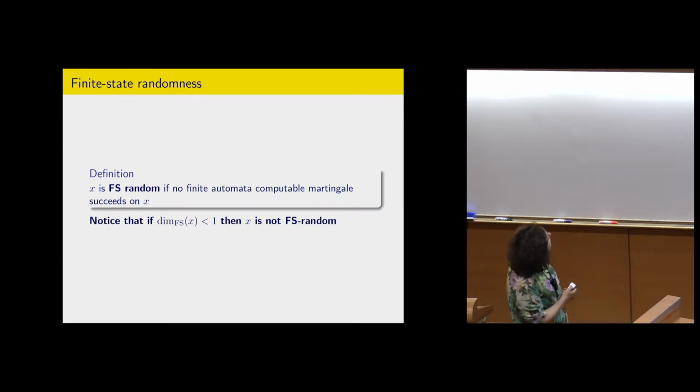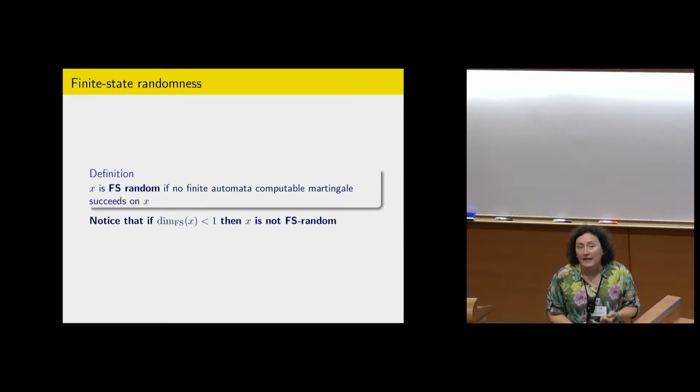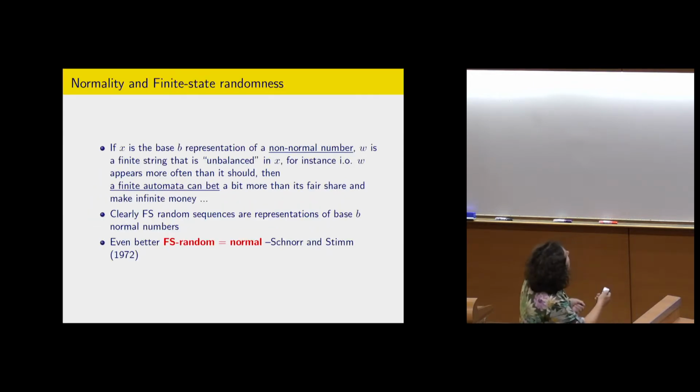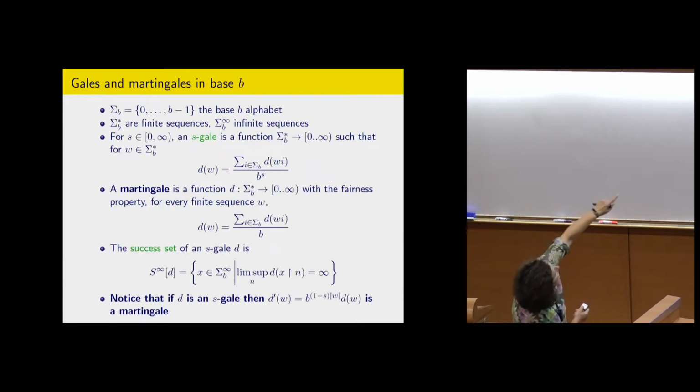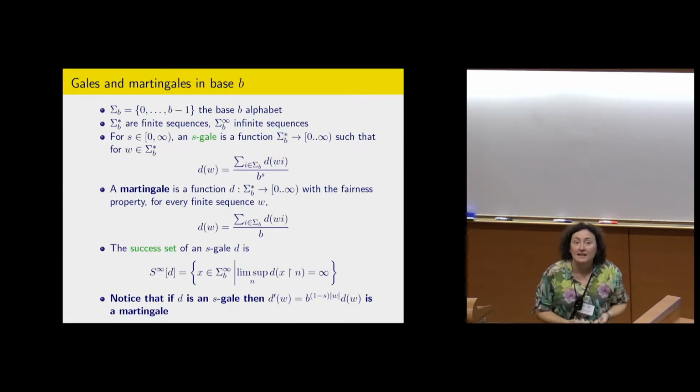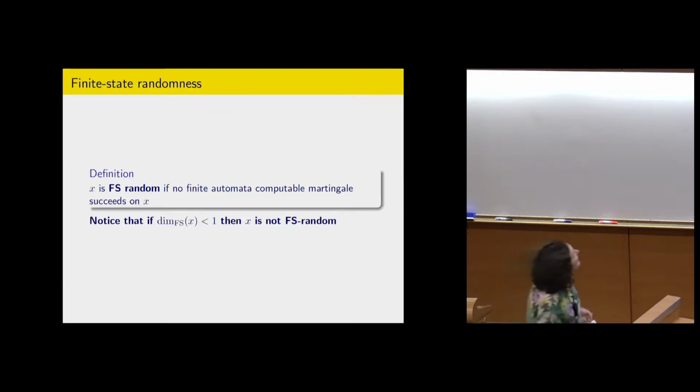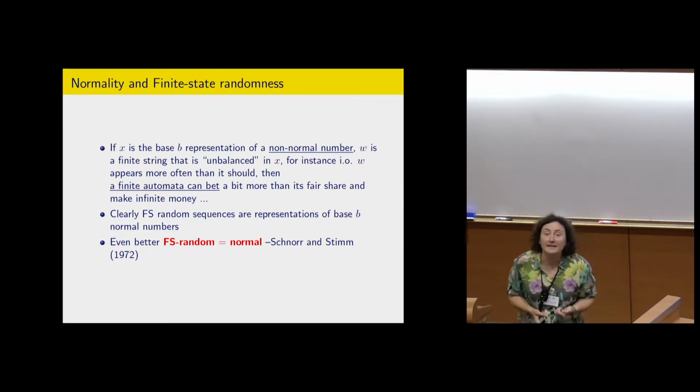Well, first observation is that, sorry, this is not normality yet, but the definition: finite-state random means that no finite-state martingale succeeds on X. And well, you can notice that if dimension is less than 1, that is, if you have a succeeding s-gale for s less than 1, then you have a succeeding martingale, of course, and you are not random. Yes, looking at the relationship between gales and martingales.